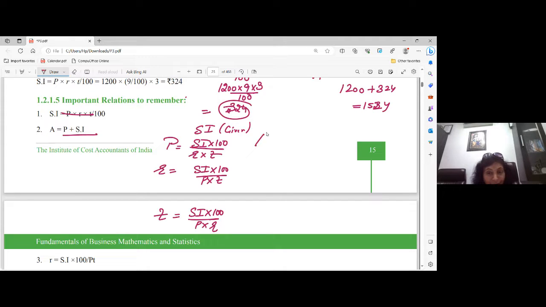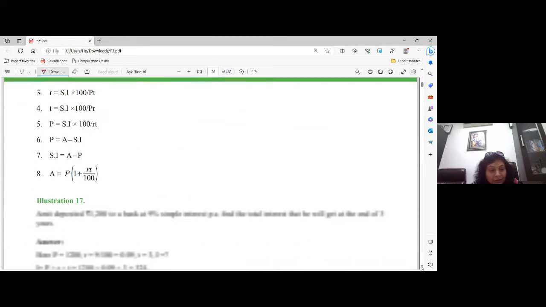Sometimes you have to find out the amount directly. In that case, the formula becomes principal plus simple interest. Simple interest formula is P into R into T upon 100. So if I take P common, then my formula for amount is P(1 plus RT upon 100). So this is how we can find out the amount. So these are the different formulas.